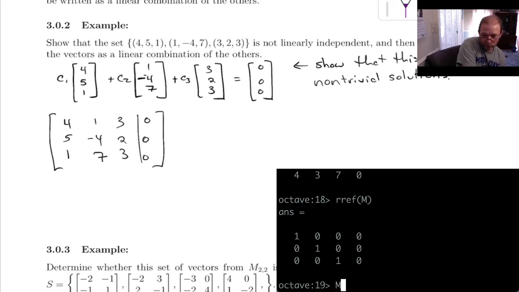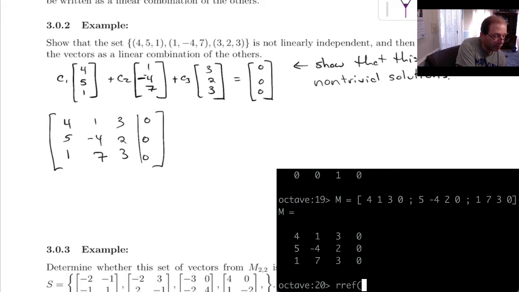So what do we have here? 4, 1, 3, 0. 5, negative 4, 2, 0. And then 1, 7, 3, 0. Looks good.